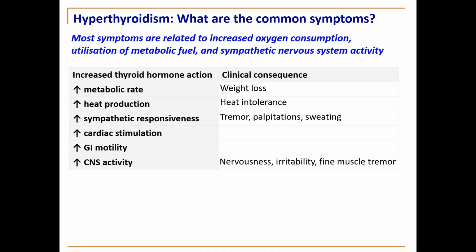So that sympathetic nervous system giving those heart palpitations, giving those muscle tremors, giving that sweating effect. You get cardiac stimulation, which of course can lead to tachycardia, linking in to the palpitations as well. So an increase in your heart rate, and GI motility increases, so that can go on and lead to diarrhea.